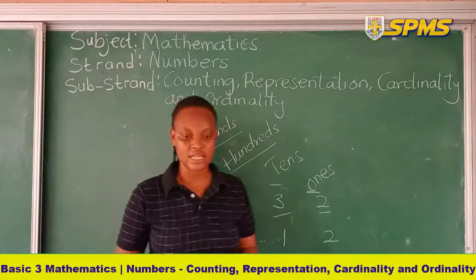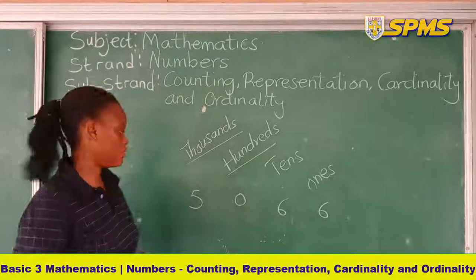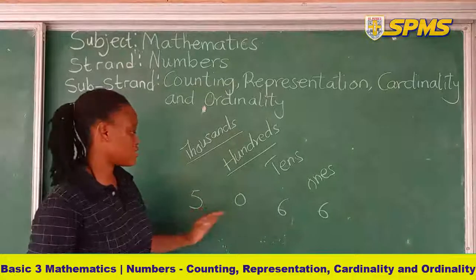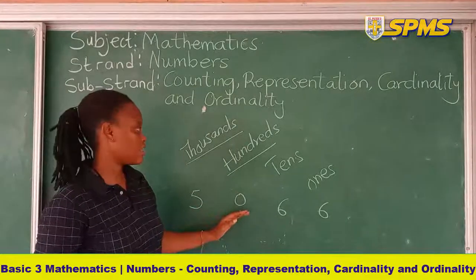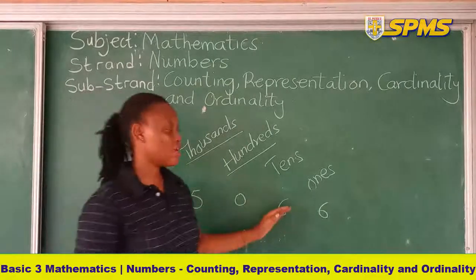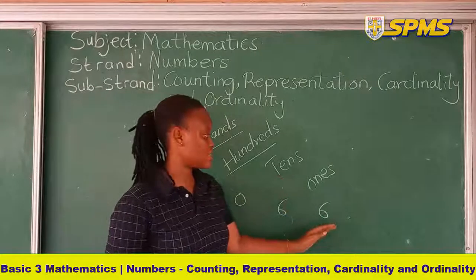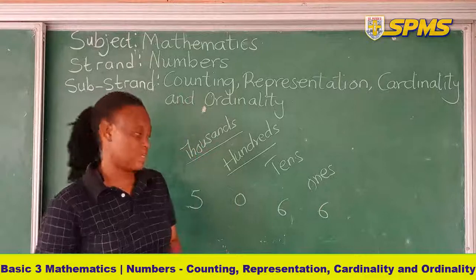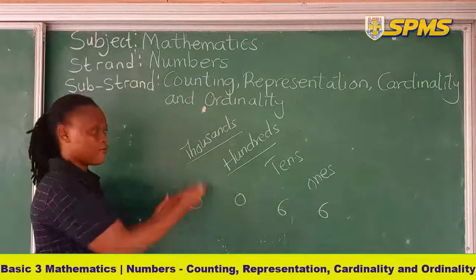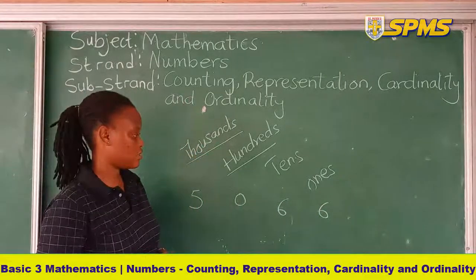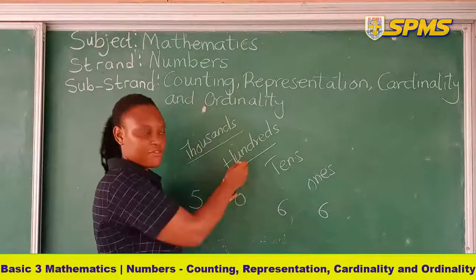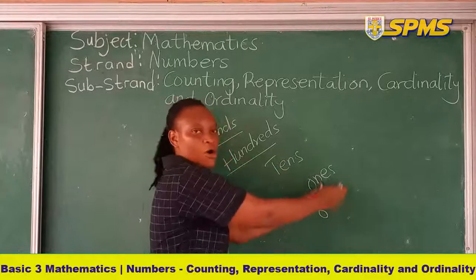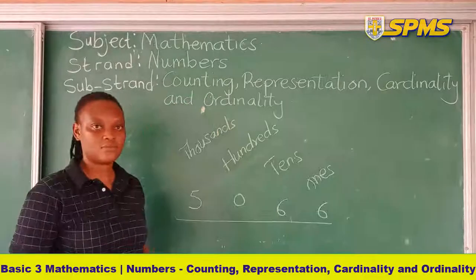Okay, let us look at another example. Good. So I have 5 under the thousands, 0 under the hundreds, 6 under the tens, and then 6 under the ones. This means that we have 5 of the thousands, 0 of the hundreds, 6 of the tens, and then 6 of the ones.